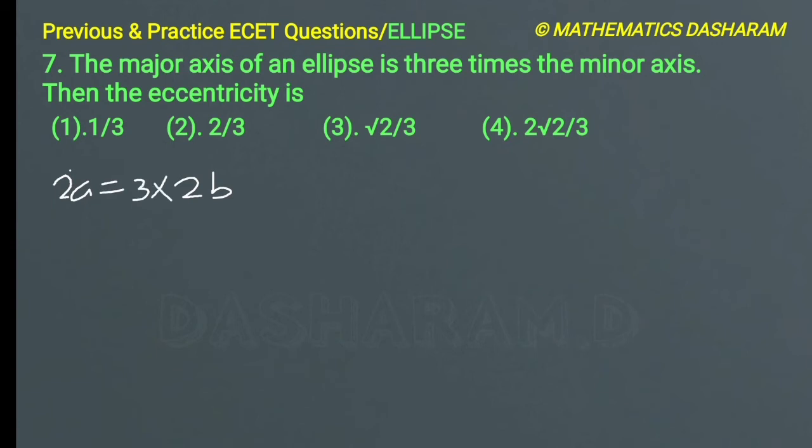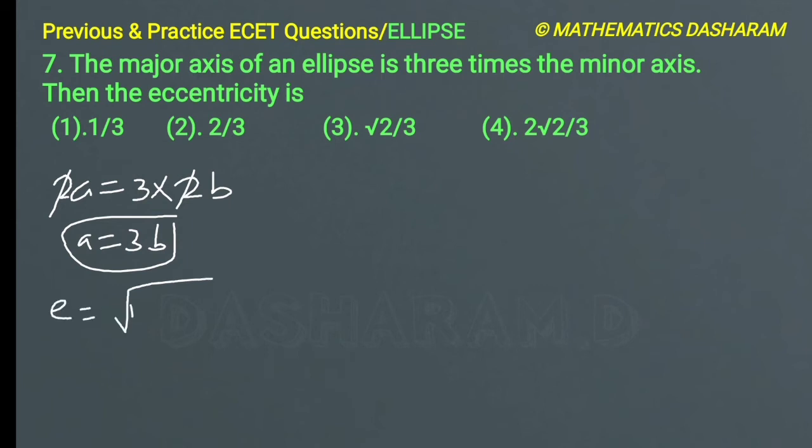Then here 2 cancel, a equals 3 into b. Then what is the eccentricity? The eccentricity formula is e equals under root 1 minus b square divided by a square.